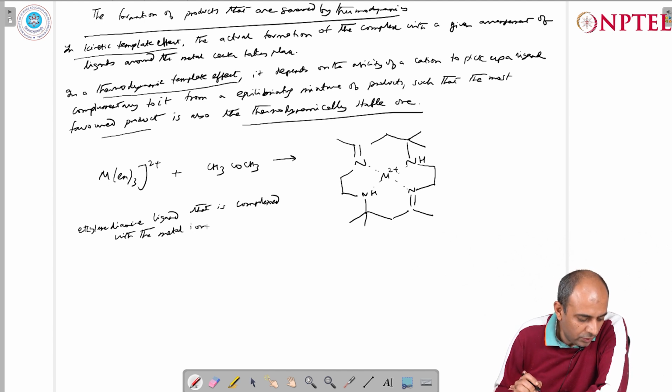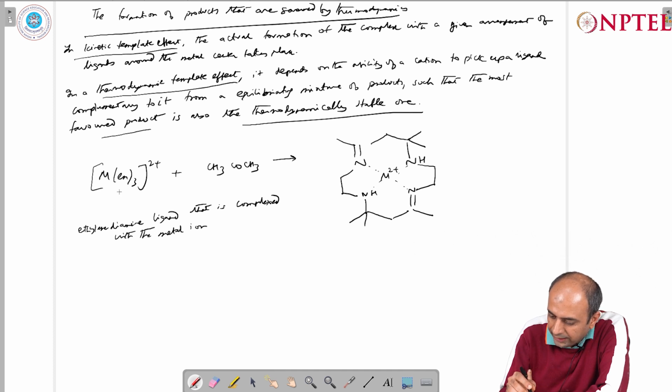So, the ligand complexes with the metal ion to form an initial complex, but then we want first the ligand en to react with acetone, and therefore decomplexation has to take place.